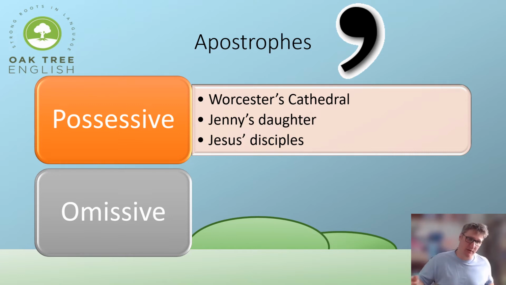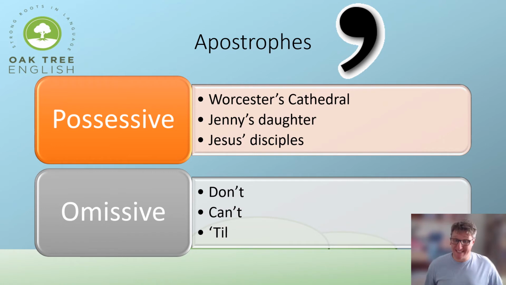You can follow that with another S if you want to. You don't have to. If you're writing about the Chronicles of Narnia, C.S. Lewis' Chronicles of Narnia, you've just made it possessive on C.S. Lewis. That's really useful with names and words that end in S. It's absolutely essential when you've got plurals ending in S. Okay. So that's the possessive use of the apostrophe.